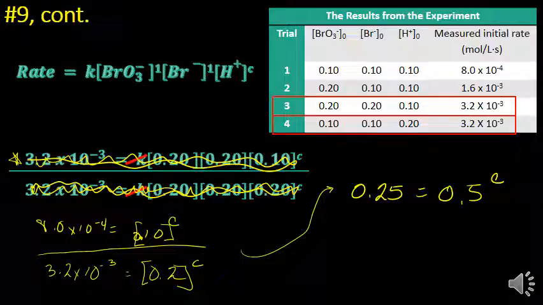Wonder what C is going to be then. Take 0.5 and square it. Okay, good. Don't know what I was thinking when I typed that up.